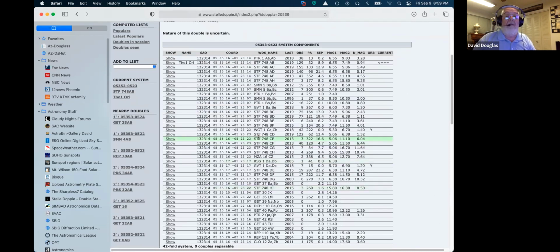This is Theta 1 Orionis again, the Trapezium, okay? And when you're looking at the full screen information that's here, you see in this particular column, there's only 2 of them that have a yes in it. And what it's saying is, are there orbit calculations for this combination? And the answer is yes.